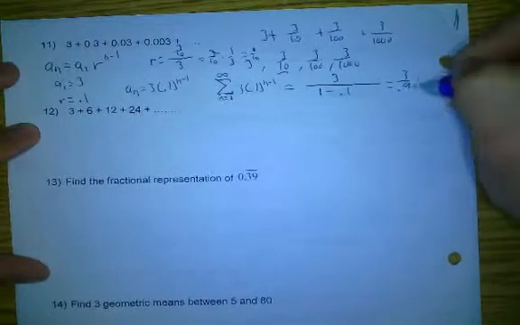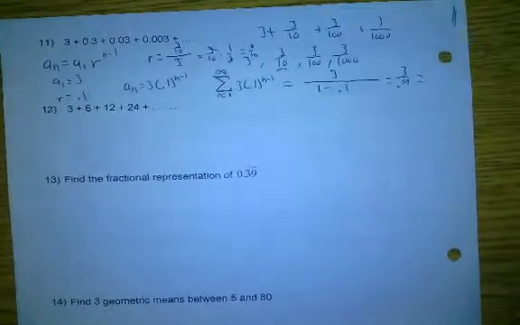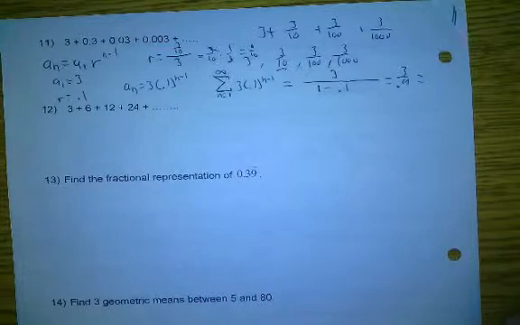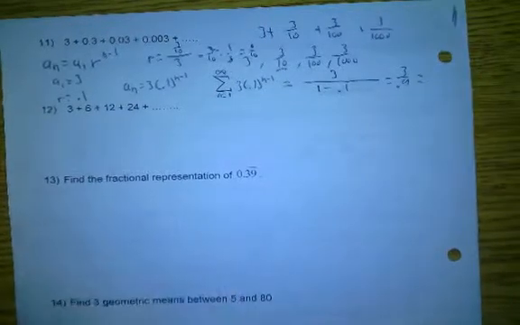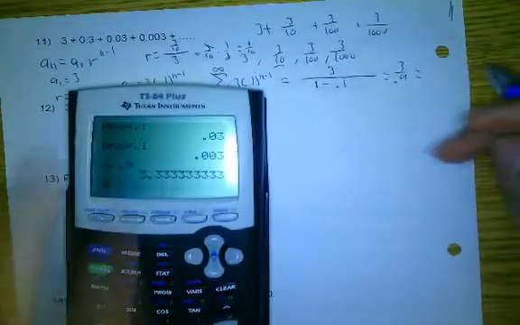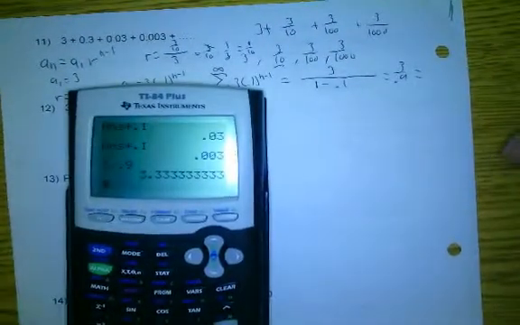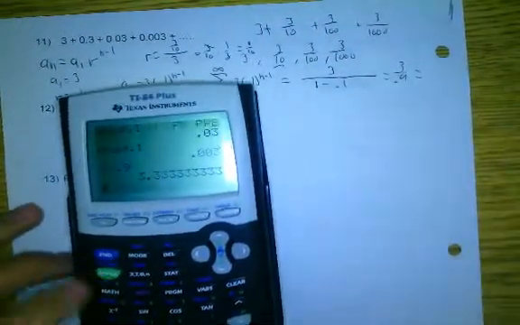You guys agree? And if you turn that into a fraction, 10 thirds. So your answer is 10 thirds. I'm just showing all the work. That's all. Okay? Alright.